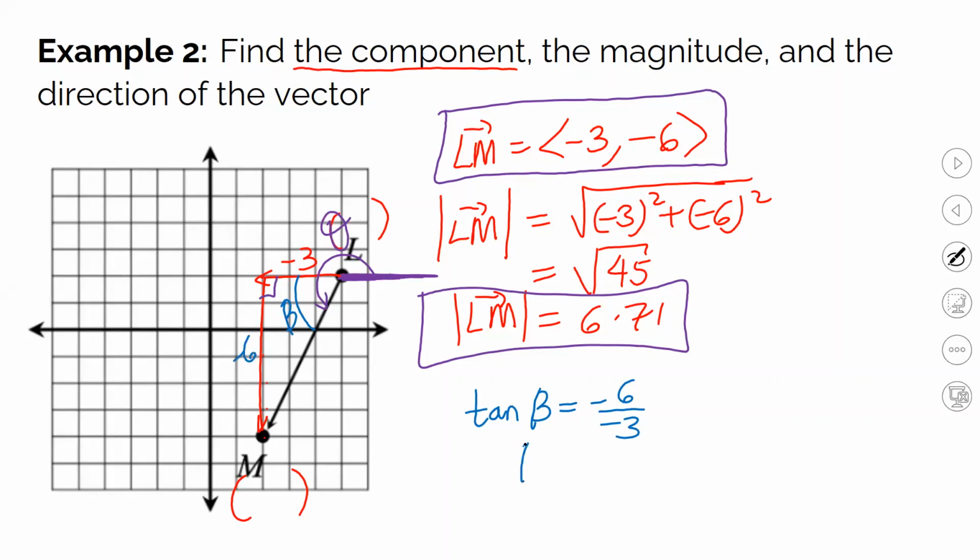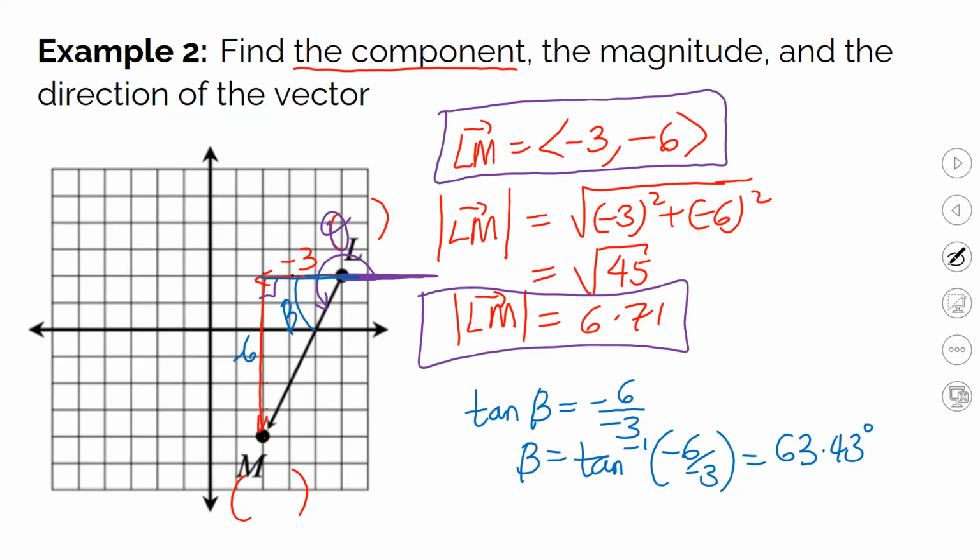And then beta will be the arctan of -6 over -3. You stick that into the calculator, you are going to get something like 63.43 degrees.